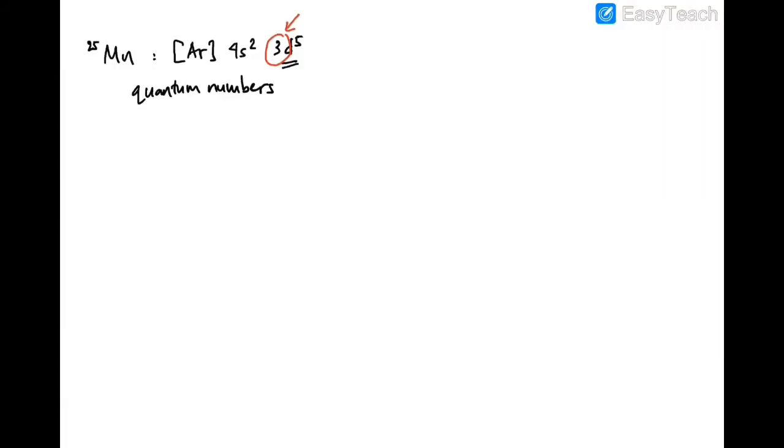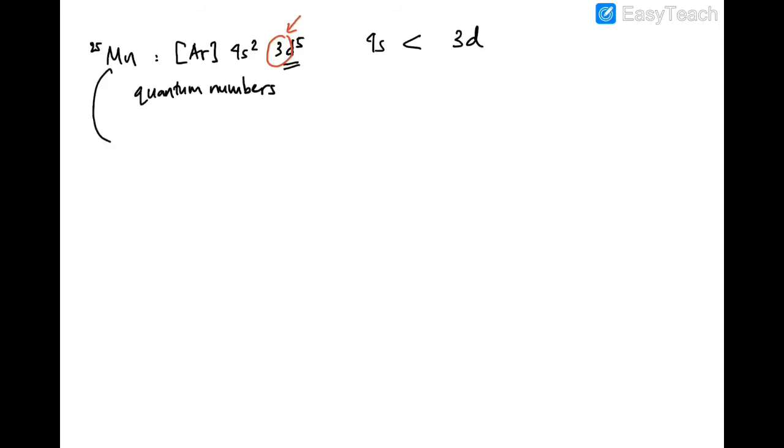Now, the way we fill the orbitals, we start from 1s, and then when we arrive at 4s, we start first with 4s and then 3d5, because 4s has a lower energy level compared to 3d. But when we try to make an ion out of this, say we want to make the Mn2 plus and write down the configuration for electrons in Mn2 plus.